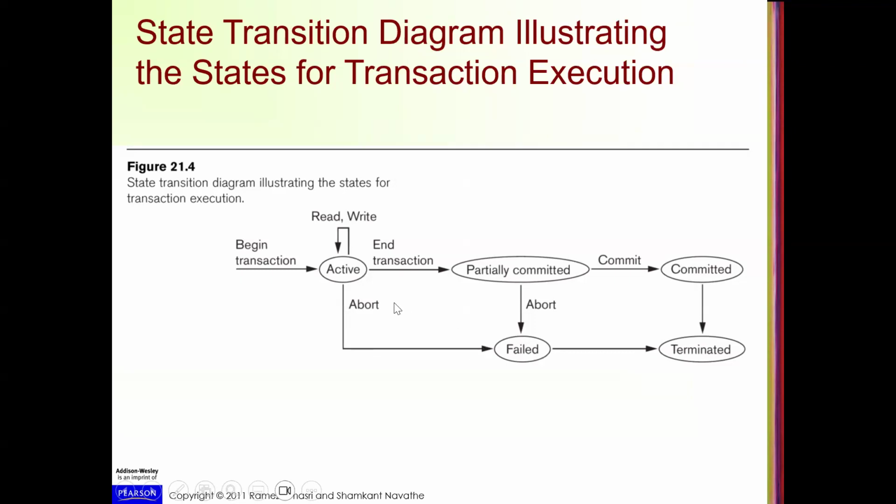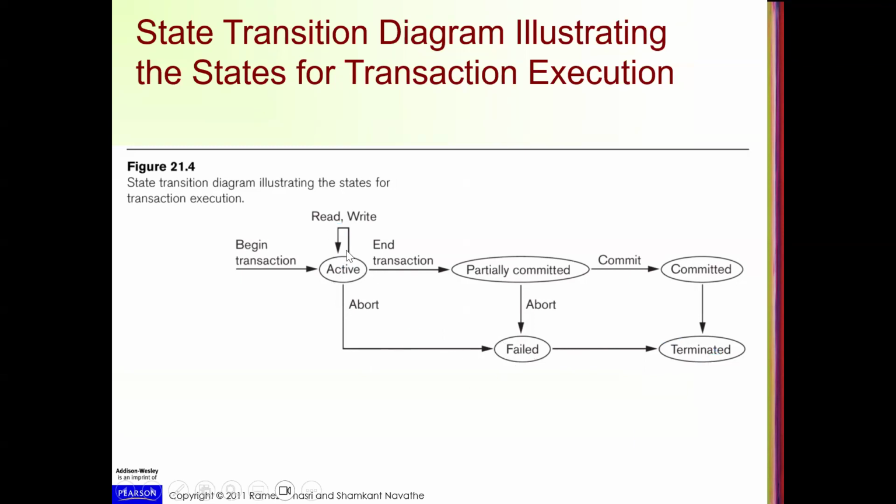It is failed. After aborting, the transaction is failed and it is terminated. If the transaction is going through this way, we are saying that the transaction completed unsuccessfully or the transaction aborted. It means that it terminated unsuccessfully or the transaction failed. They all mean the same.